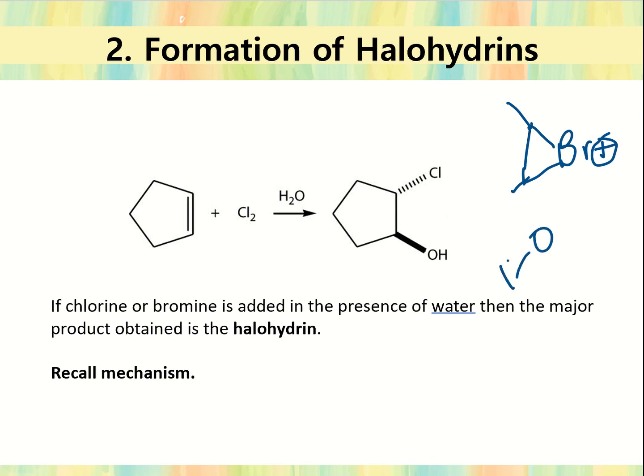Then we would have water being nucleophilic, attacking from the back side, as they would call it, and that is why we end up with a trans arrangement here. So the halogen is usually on the other face compared to what is being added.